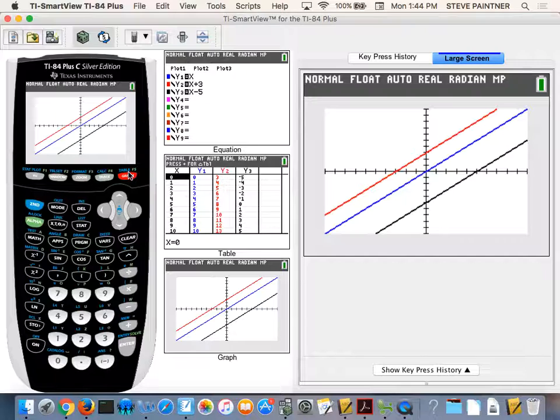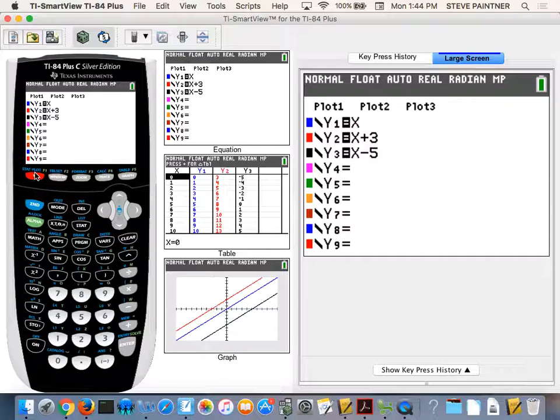Okay, so now, here's the deal. We want to move your function again, but we want to move it right or left. So do this. Go back to y equals, clear, clear, clear. Get rid of it. Go back to equation 1. Now put in the quadratic family.